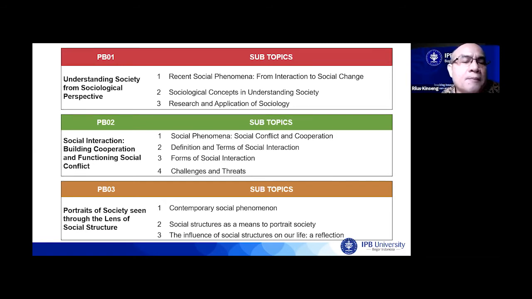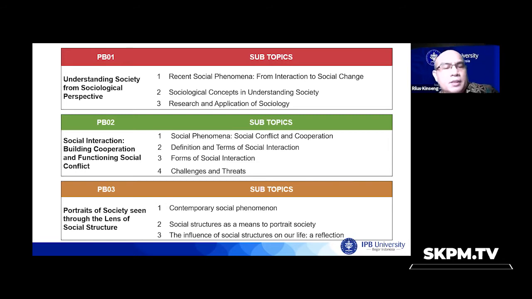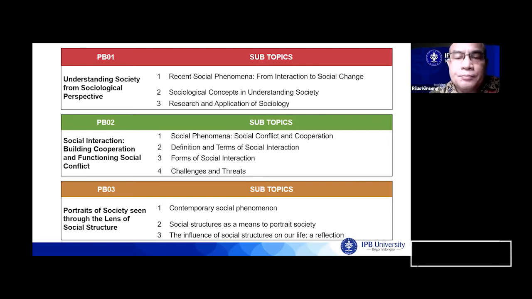And then the next week, the topic will be social interaction, building cooperation, and functioning of social conflict. It consists of 4 subtopics. We start with social phenomena, social conflict and cooperation, then definition and terms of social interaction, forms of social interaction, and then challenges and threats related to social interaction.